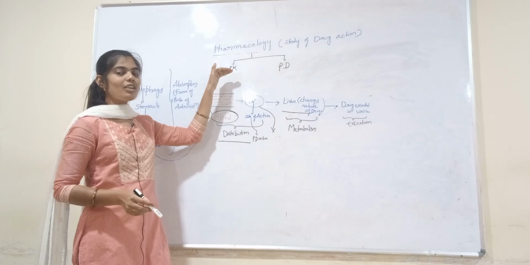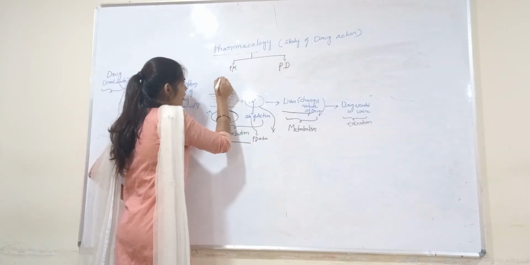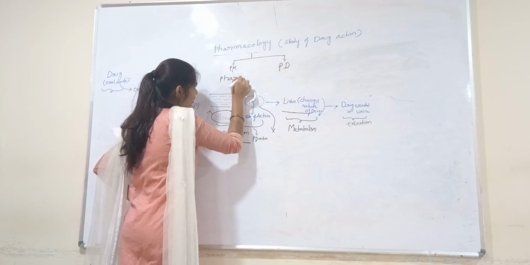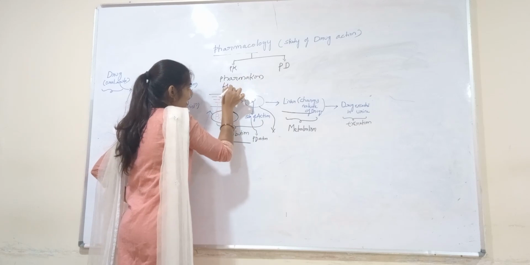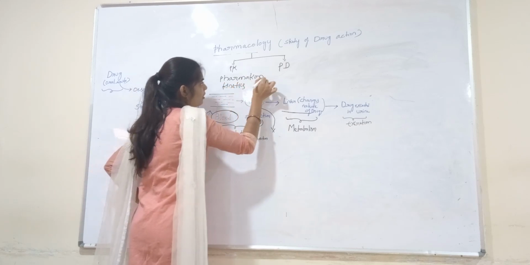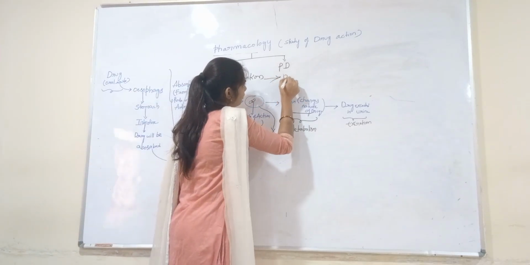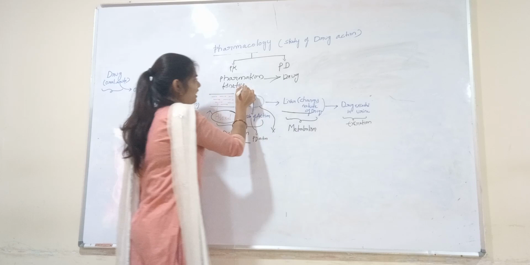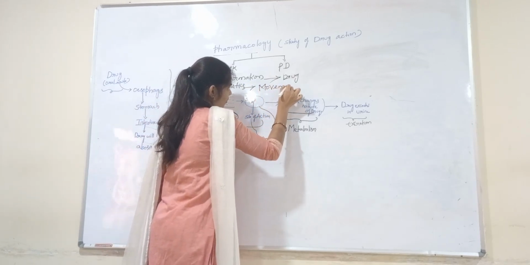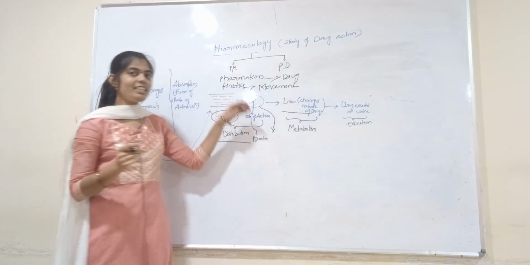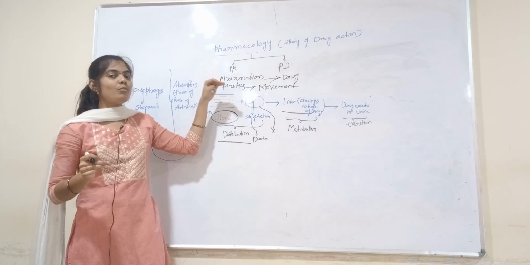First, coming to pharmacokinetics, it is divided into two words. One is pharmakon and the second one is kinetics. Pharmakon means drug. Kinetics means movement. So in general, pharmacokinetics means we are going to study the drug movement.